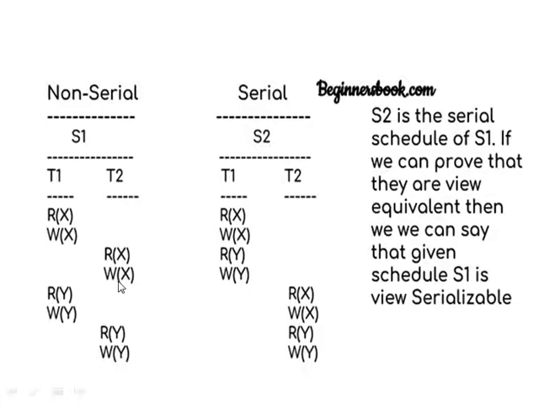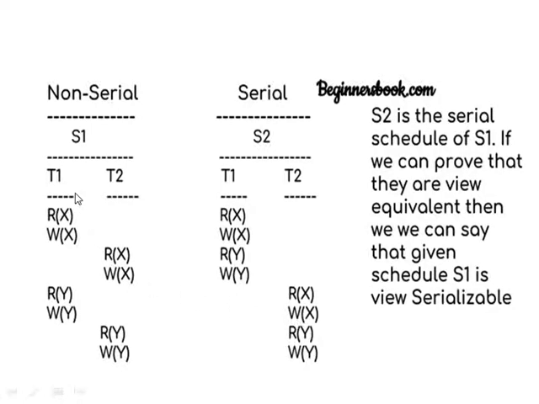The second one is final write. In schedule S1, the final write operation on X is done by transaction T2. You can observe here the final write operation on X by T2. In S2 also, transaction T2 performs the final write on X. Same, let us check for Y also.